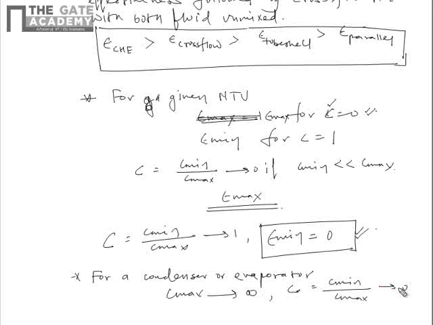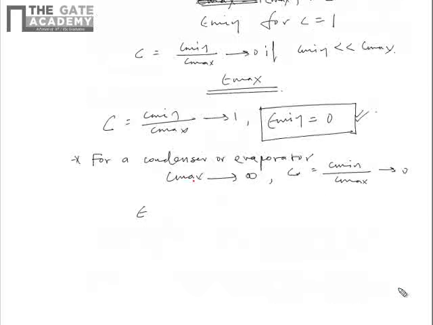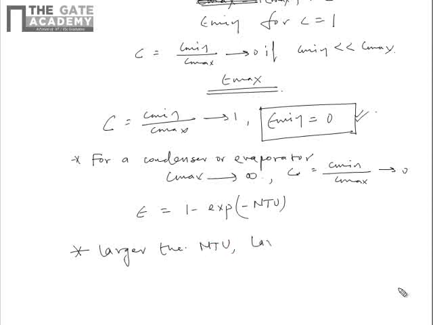In this situation, effectiveness epsilon is given as 1 minus exponent of minus number of transfer units. And the last observation that we can make is, larger the NTU or number of transfer units, larger the heat exchanger.